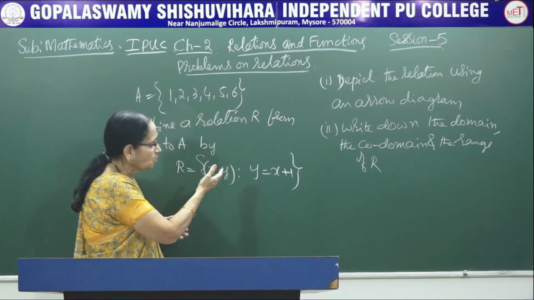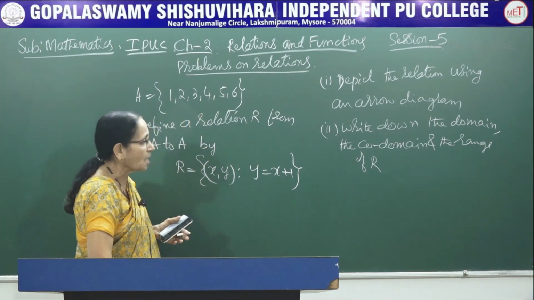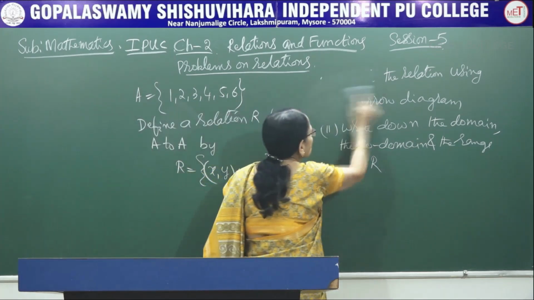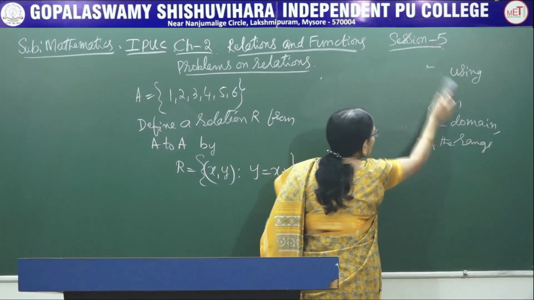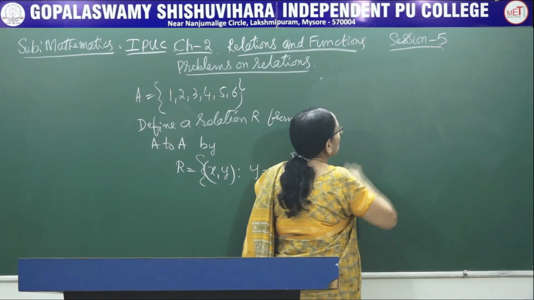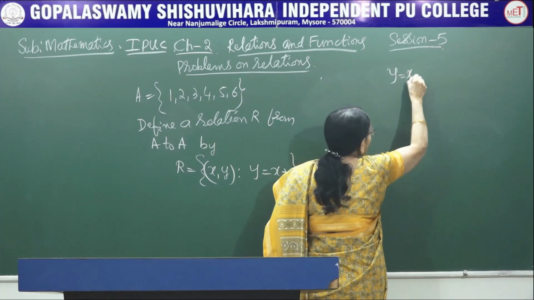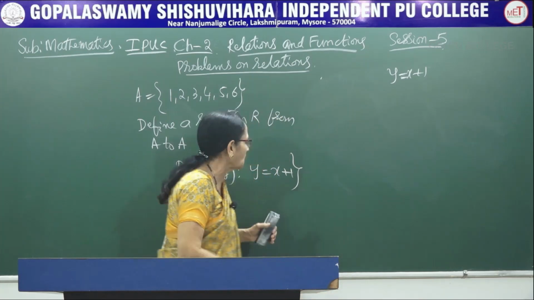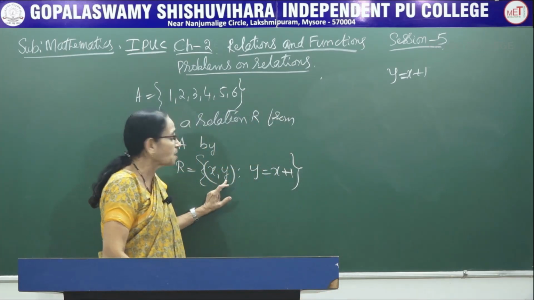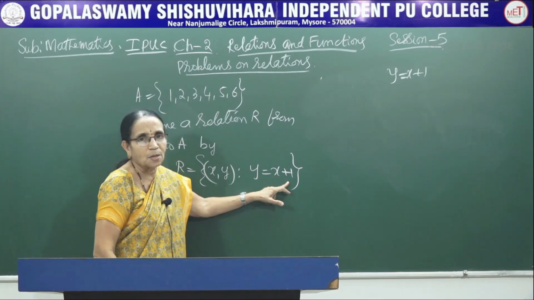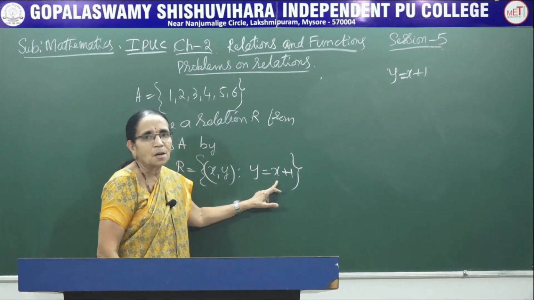Now if you can directly write the elements, otherwise we will do the calculation in the working column. Now look here, how is the relation defined here? We are discussing the relation. The second element y is equal to x plus 1.